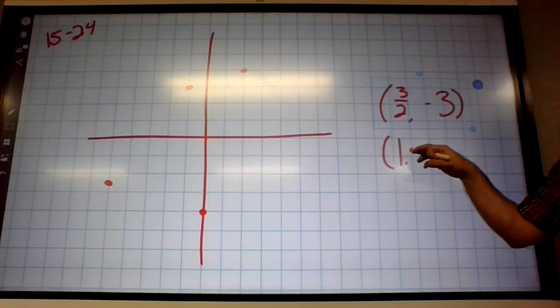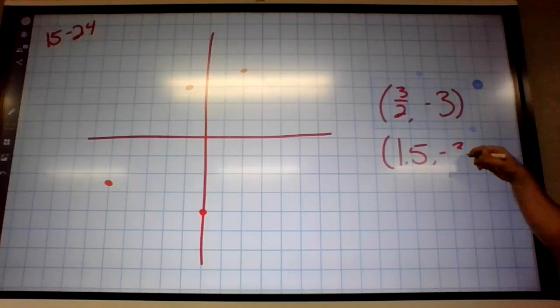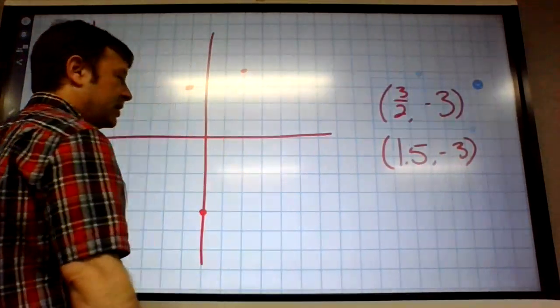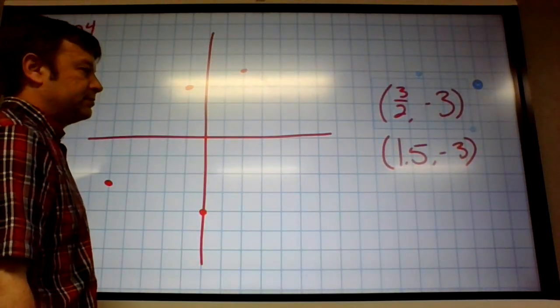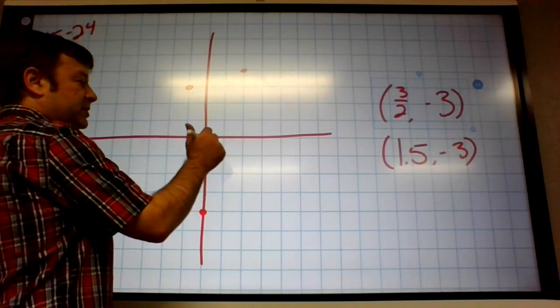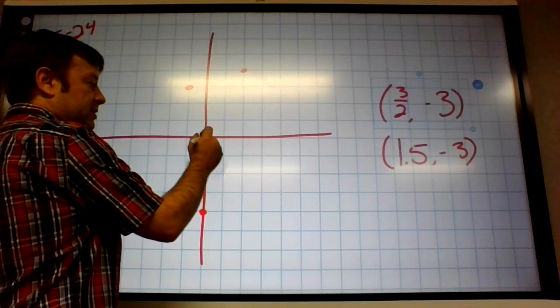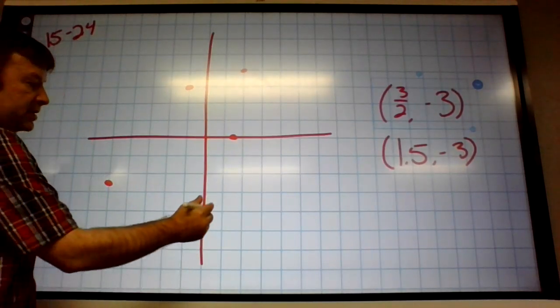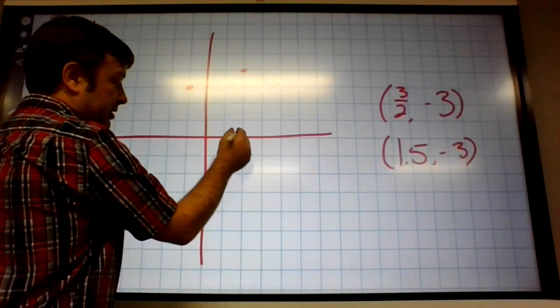So how would I get there? Over 1.5. Okay, to the right 1.5, which is like 1 and a half. So there's 1, so half there, and down, whoops, I shouldn't put a dot right there. And then down 3.